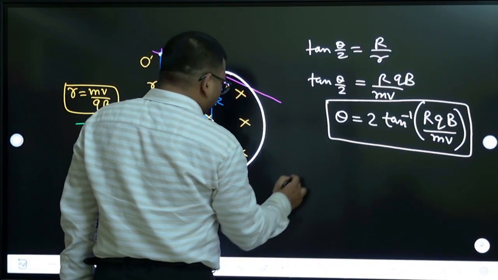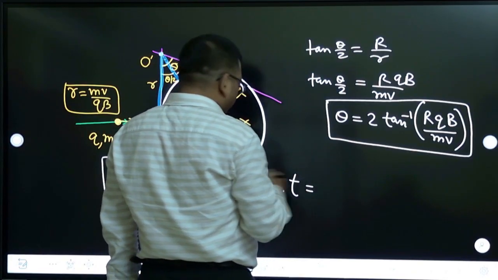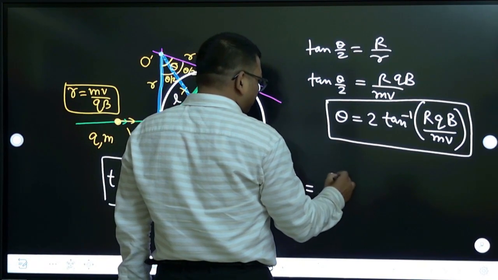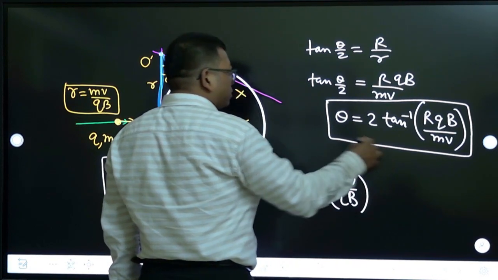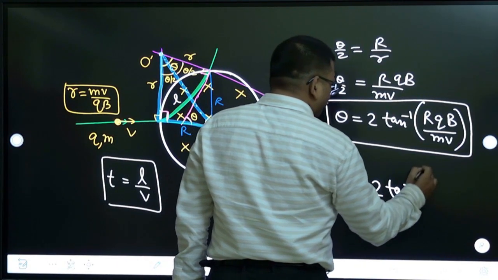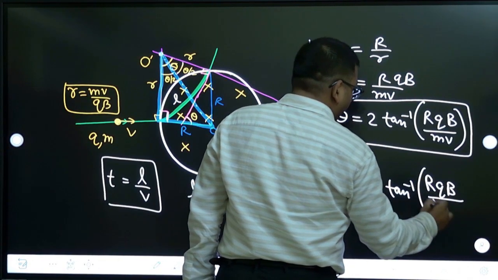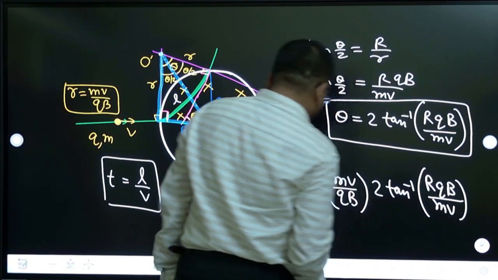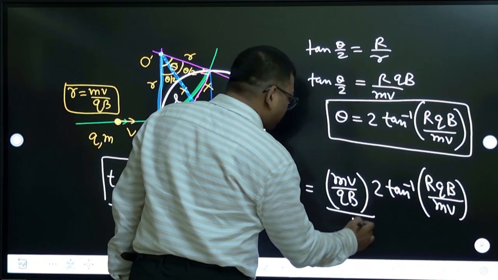So now the time will come as L. L means r into theta. r is mv by qB, into theta, which means 2 times tan inverse of R qB by mv, right? Divided by speed. Divided by speed means this speed I will remove.